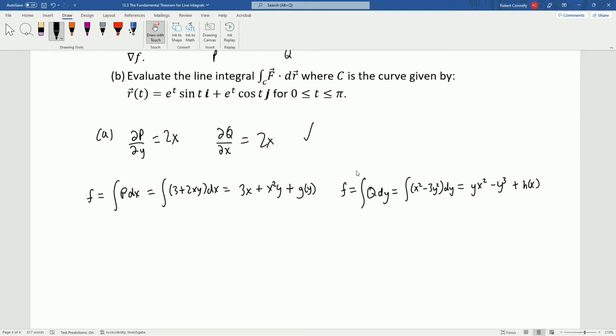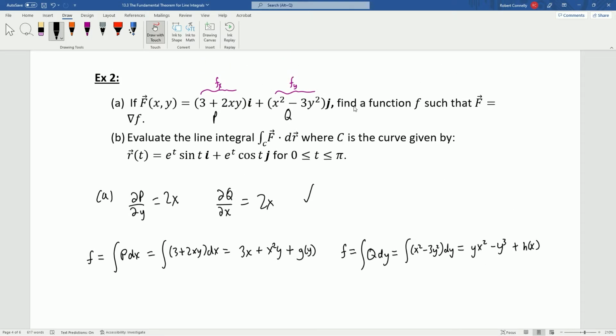Now, f needs to be equal to both of these things, right? But keep in mind, first of all, we're finding a function f such that the vector field F equals the gradient of this little f. So it specifies find a function.